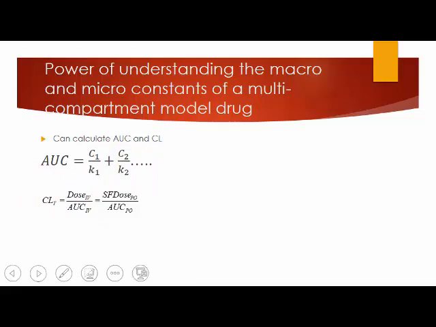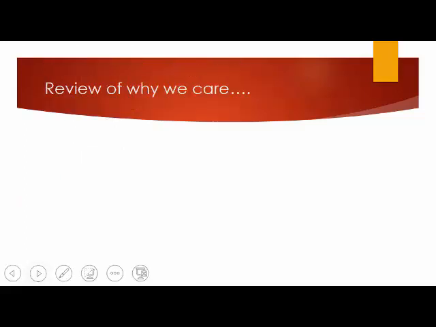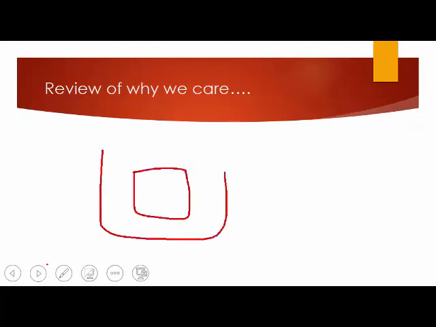Isn't that exciting? All right, why do we care? Well, we need to be able to identify how many compartments we have if we want to be able to determine how the drug moves around. And the biggest thing is so that we don't assume that the drug is only going into a small compartment instead of a large compartment.